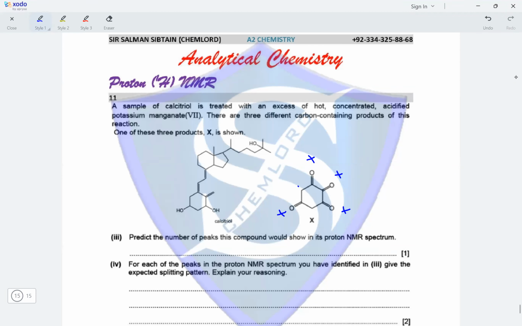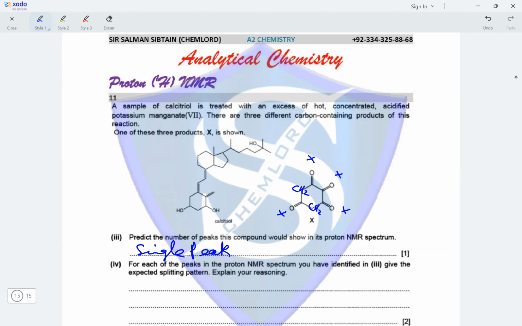This is a CH2 group, this is also a CH2 group. Now, since we've got two positions where protons are present, but both of them are present between two C double bond O groups, that means both of them will have the same environment. Therefore, a single peak would be observed, because they have the same environment.